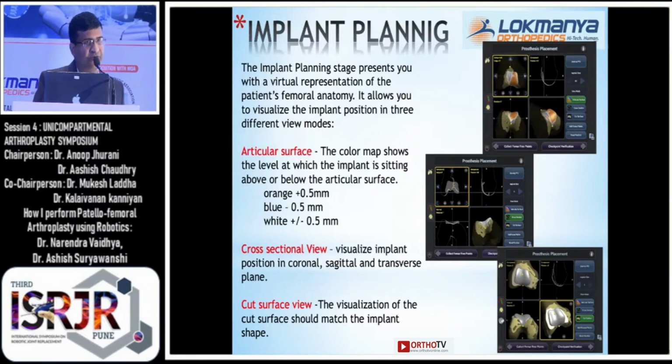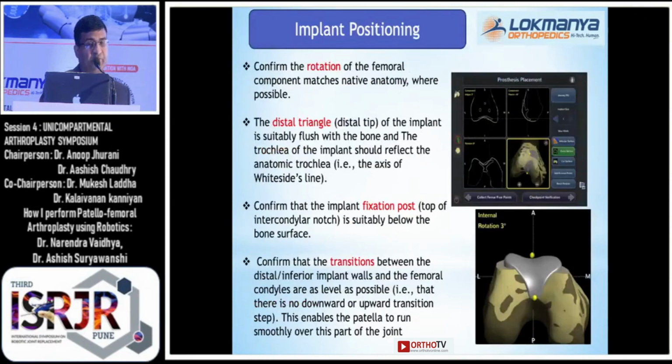Then implant planning, where we have different steps than unicompartmental. Basically, we have three views: articular surface, cross-sectional, and cut surface view. The most important key steps are in implant positioning. The rotation should follow the anatomical axis considering the Whiteside line, the posts are fixed inside the articular surface, and the distal tip should be sitting inside the notch, so that the transition zone is smooth and the patellar tracking will be good.